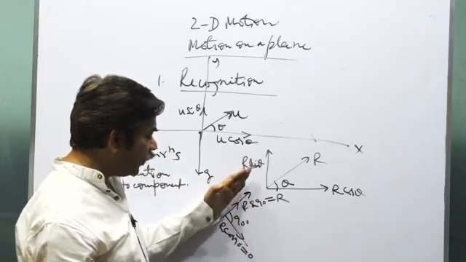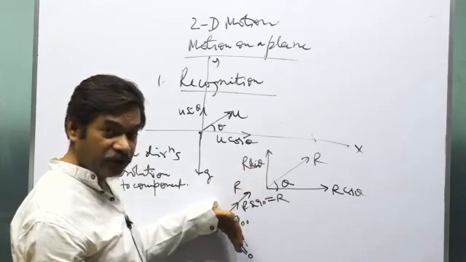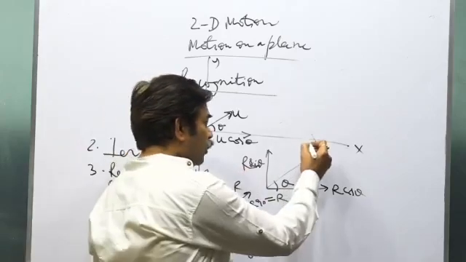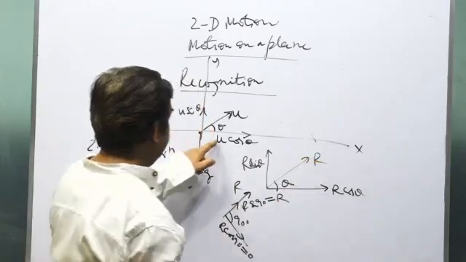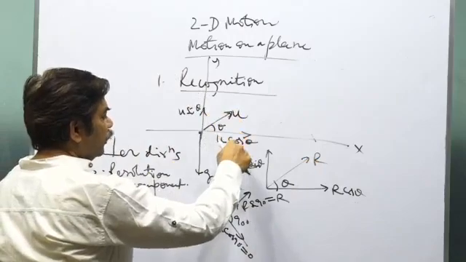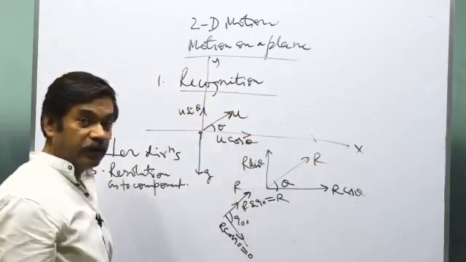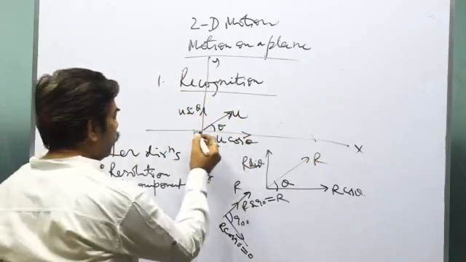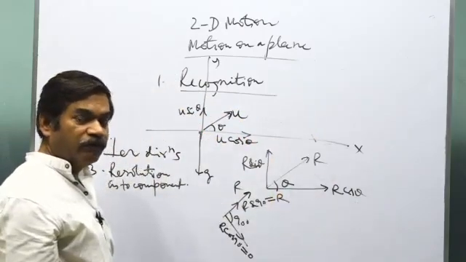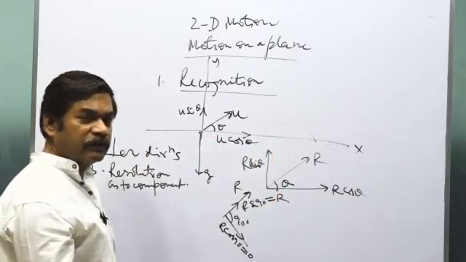There is no component of this vector in the perpendicular direction. Is that clear? Suppose we have the velocity vector along this direction, u cos theta, and its component along this direction, u sin theta. Now suppose I want to apply some law of physics for the x direction. Law means the equations that we conclude.